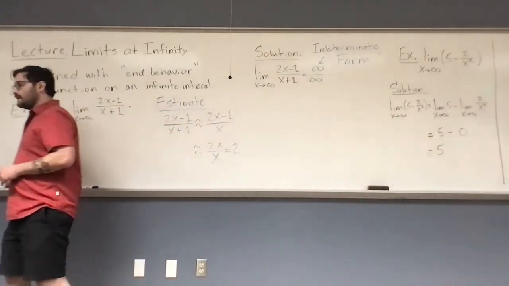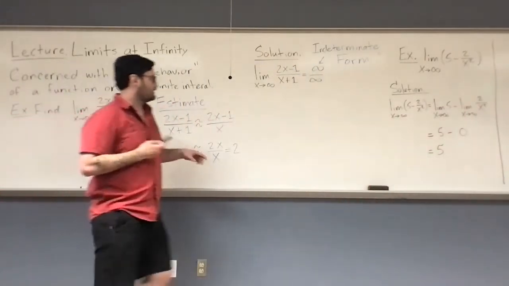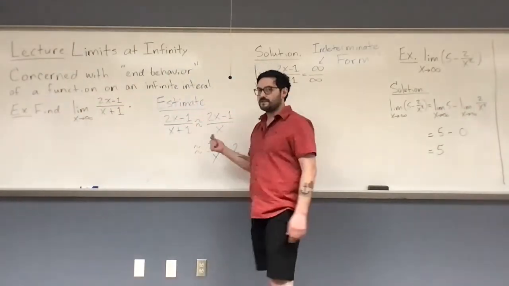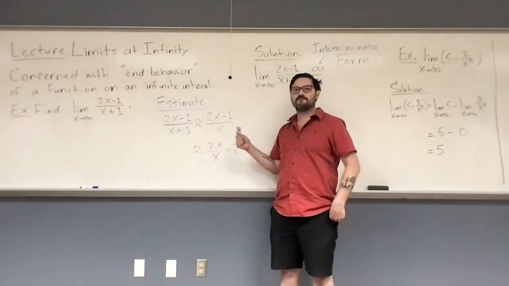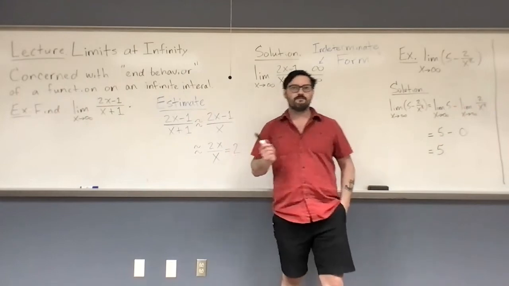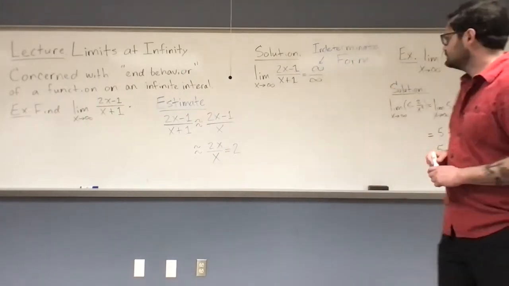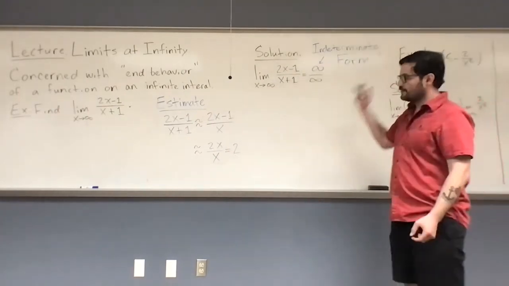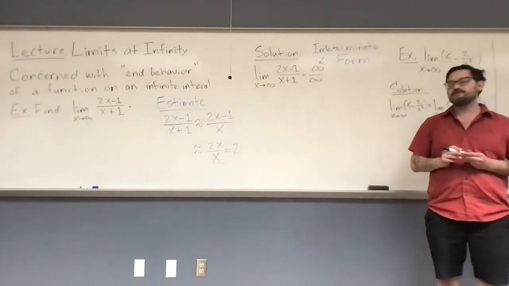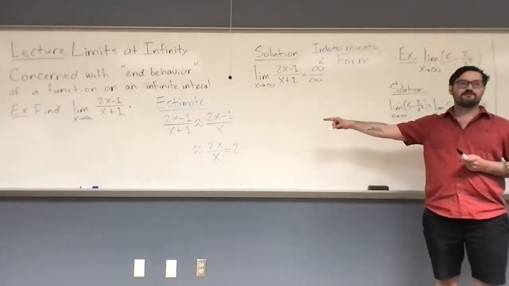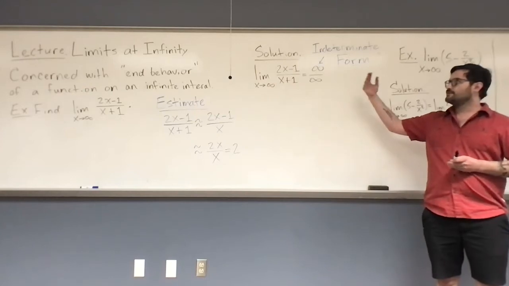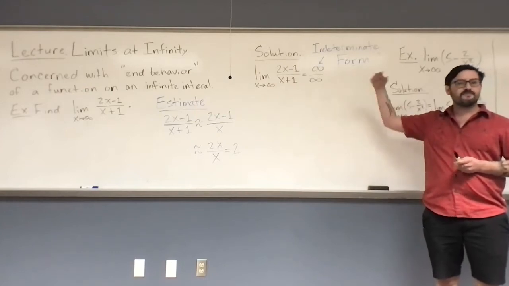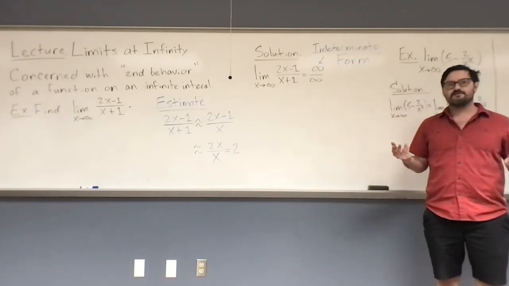However, we know ahead of time that this thing should be behaving like something, right? So whenever you encounter the indeterminate form, if you know it should go somewhere ahead of time, there's a technique or several techniques that you can apply.